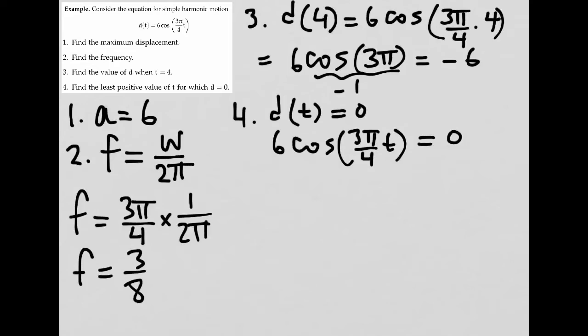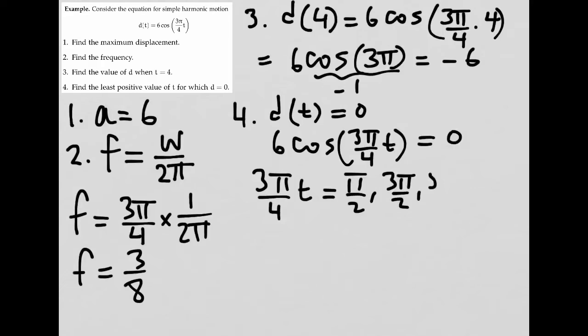Well, 6 is obviously not 0, so cosine of 3 pi over 4 t must equal 0. And the cosine is 0 at the odd multiples of pi over 2, so 3 pi over 4 t must be a positive odd multiple of pi over 2. So pi over 2, 3 pi over 2, 5 pi over 2, and so on.